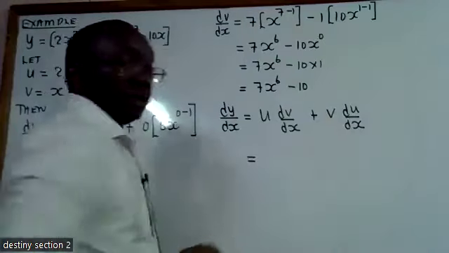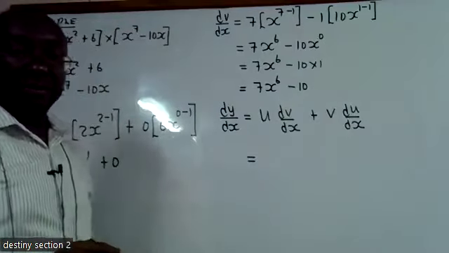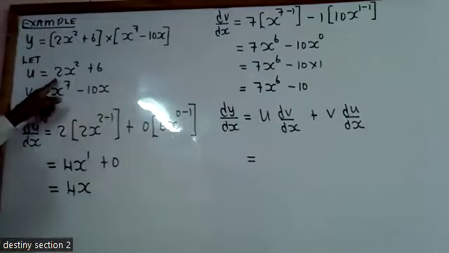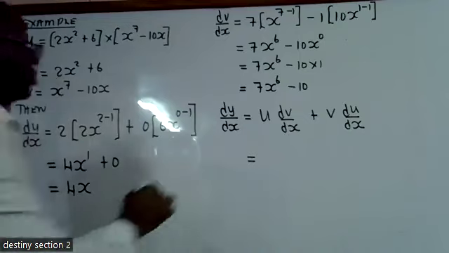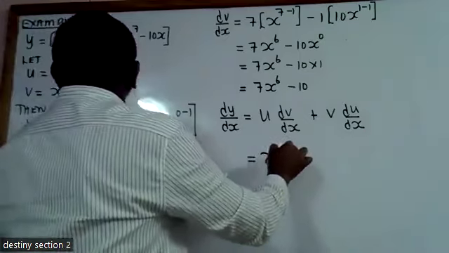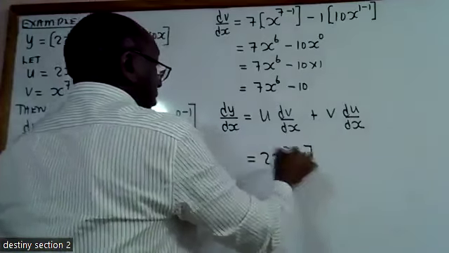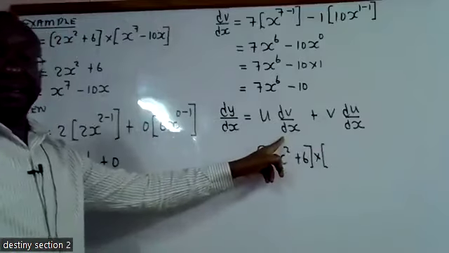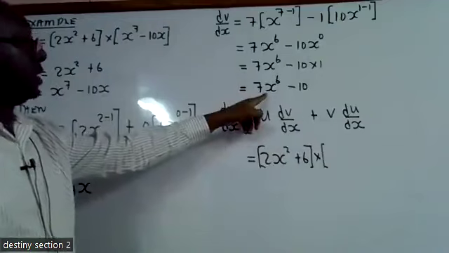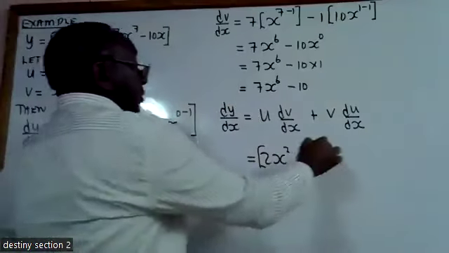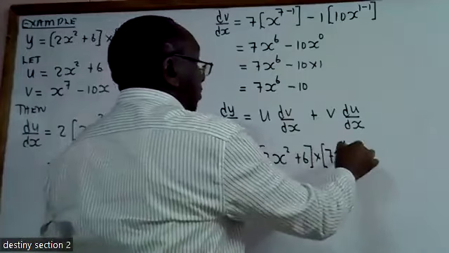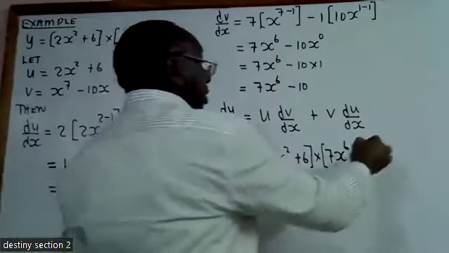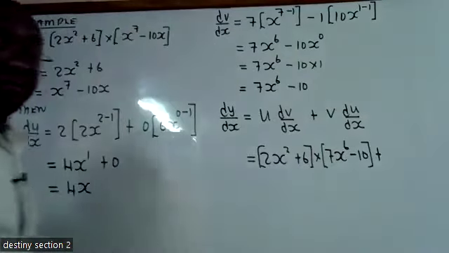Sasa, you now substitute the values. So unachukua u yetu ni hii. This is our u, that is 2x squared plus 6, you multiply by dv/dx. dv/dx tumepata hii 7x raised power 6 minus 10. Plus v.